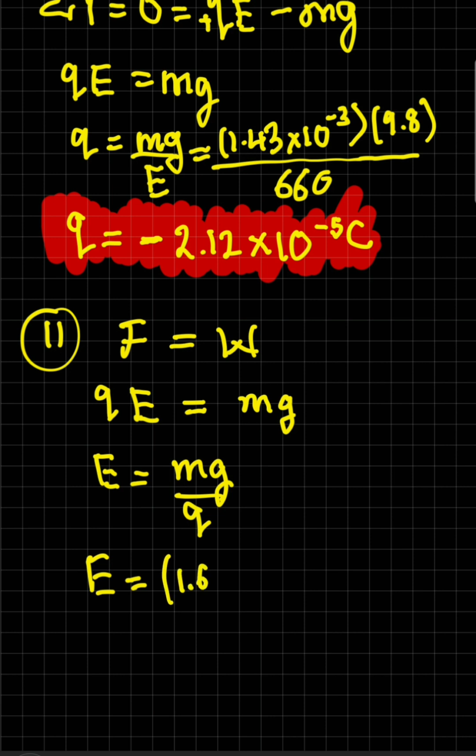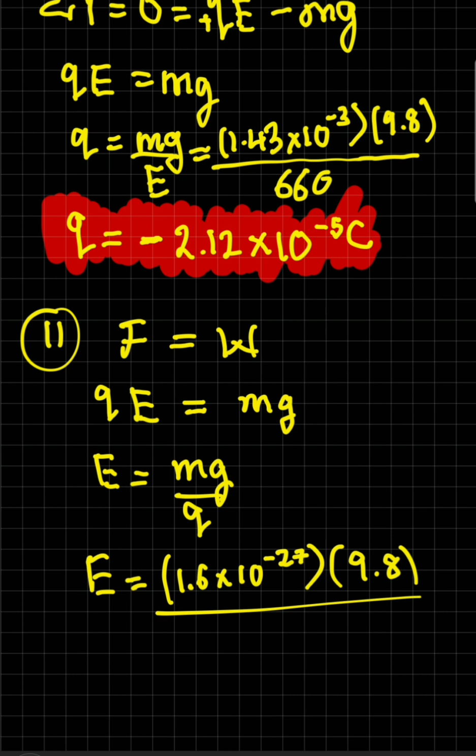The mass of a proton is 1.6 times 10 to the power negative 27, the acceleration due to gravity is 9.8, and the charge of a proton is 1.6 times 10 to the power negative 19.